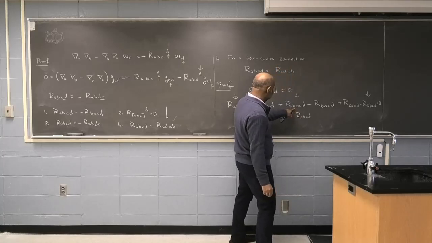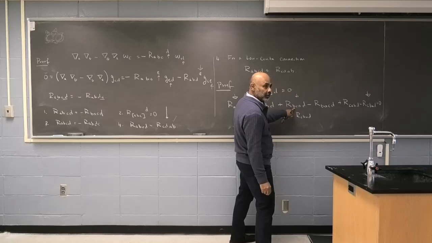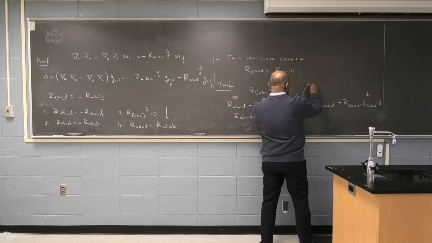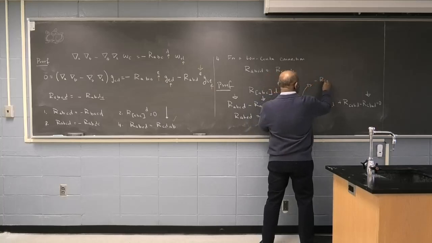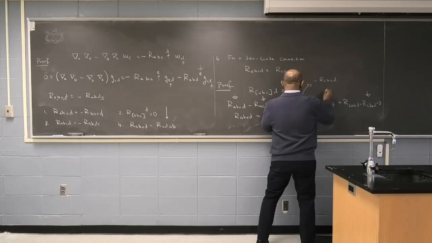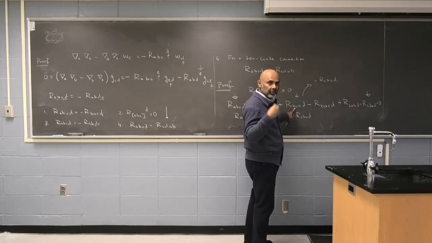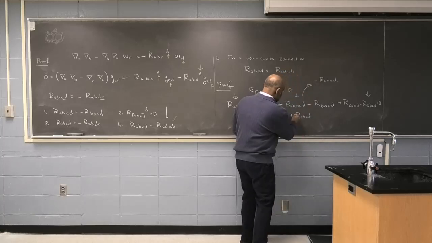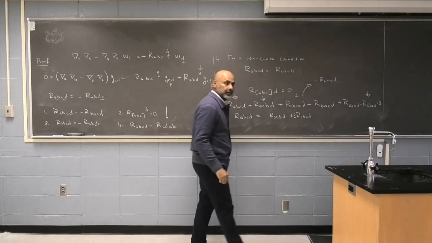This is the same as what? ADBC? No, this is equal to minus R CBAD because of one of the properties. So when you bring it to the other side, I get twice as much as that.